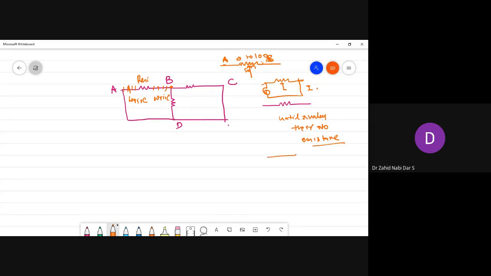But if there is a wire connected, and you check, this wire will have the same resistance, because it has a similar cross section, so the value of current remains the same, so the point will not change. So if this is A, this is A, this is A, this point will not change.